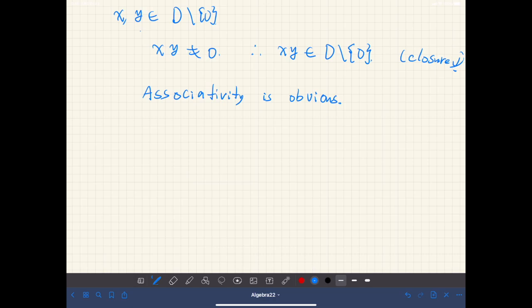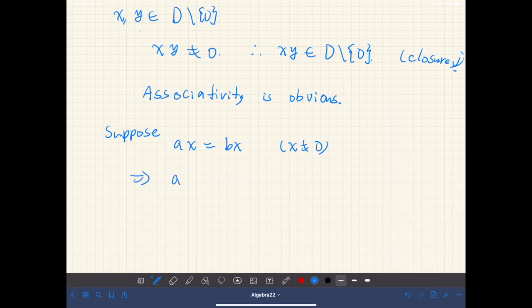To show that, we will show the cancellation property. Suppose ax equals bx with x being non-zero.